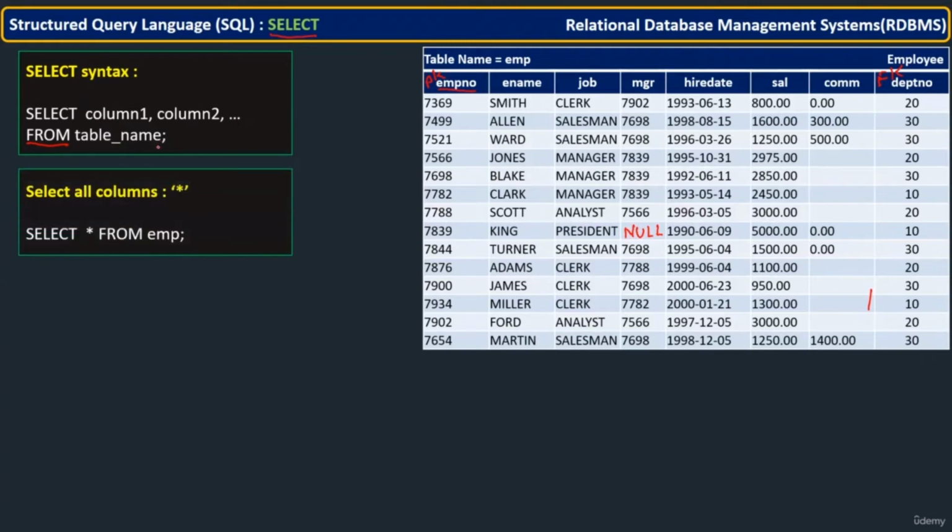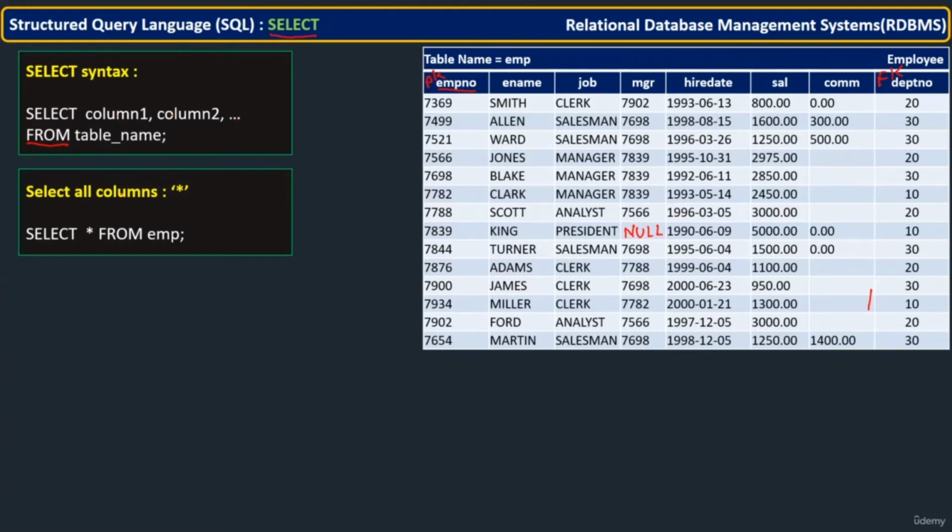Now we told that every column you have to mention separately. But sometimes I need all the columns, because some tables may have more than 10 columns or 20 columns, sometimes more than 50 columns. Writing every column separately is not recommended.